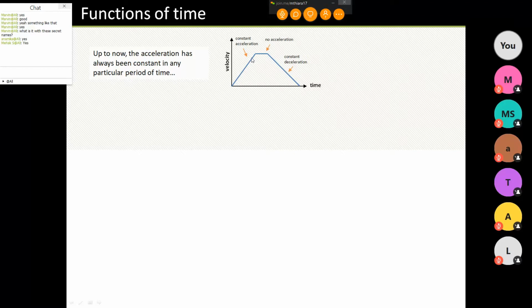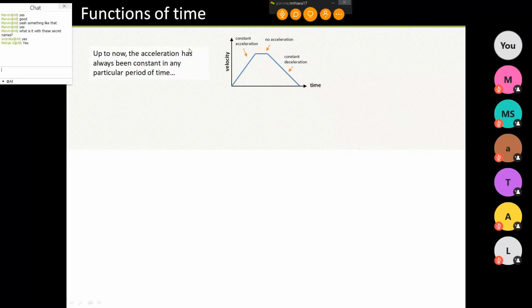What that implies is that acceleration is constant, because the gradient of the velocity graph is your acceleration. If you remember from chapters 9 and 10, we always said constant acceleration.